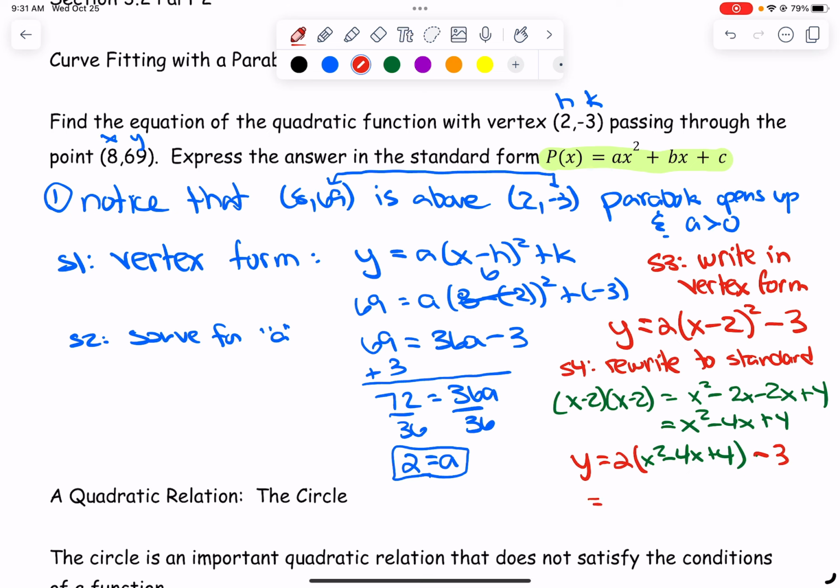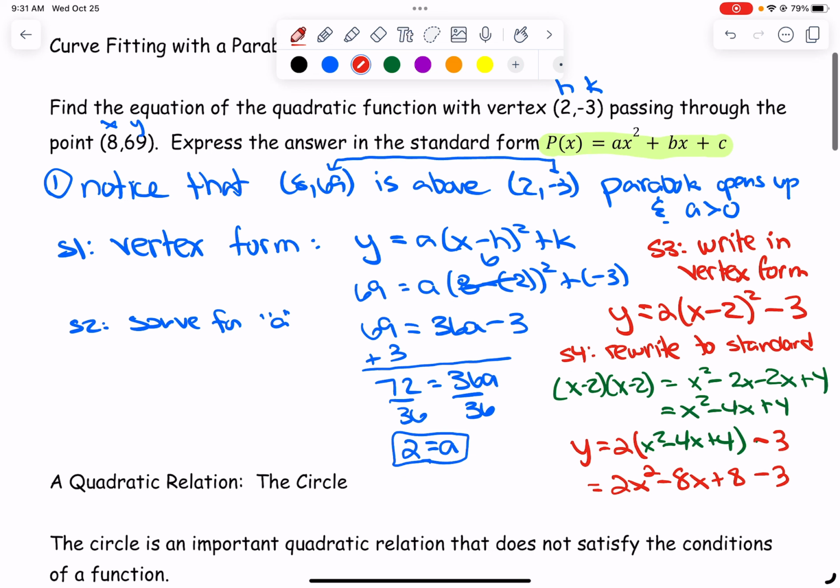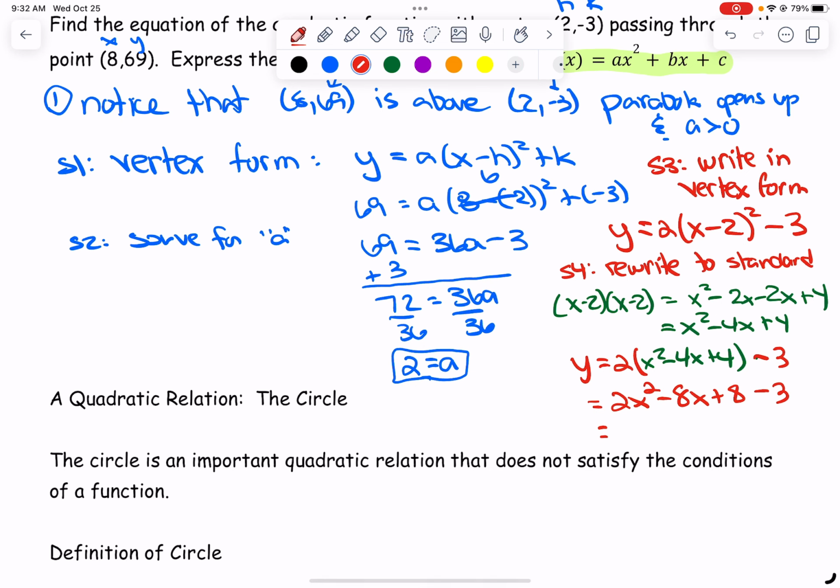Then we'll go ahead and distribute the 2 through. And our final simplification, combining the 8 minus 3, and we get the answer of y equals 2x squared minus 8x plus 5. And again, once you get this, pop it into Desmos to see if, in fact, this equation in standard form has the vertex of (2, -3), and it passes through (8, 69).